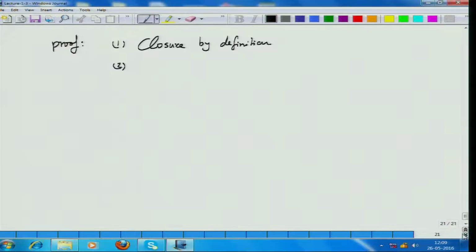Next, associativity. So, we have A1H dot A2H and then dot A3H. What is this element? So, you consider this.